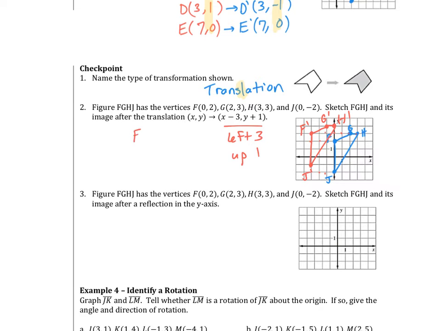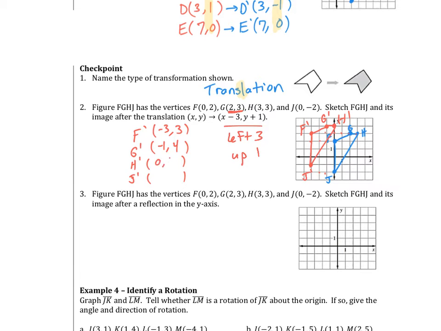Okay, and if you wanted to find the new coordinates, what you would do is take the original ones, add negative 3 to the x and add 1 to the y. So F minus 3 would give you negative 3, 3. For G, you would get negative 1, 4, because if G is at 2, 3, then 2 minus 3 is negative 1, and 3 plus 1 is 4.